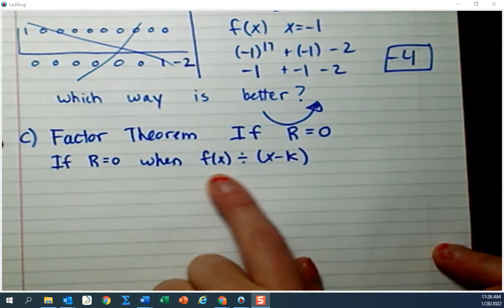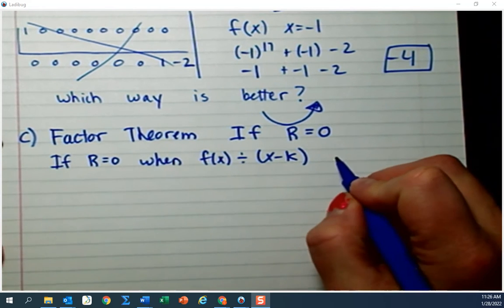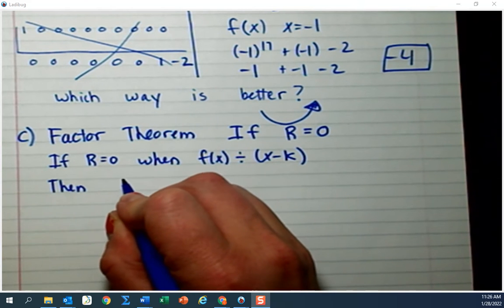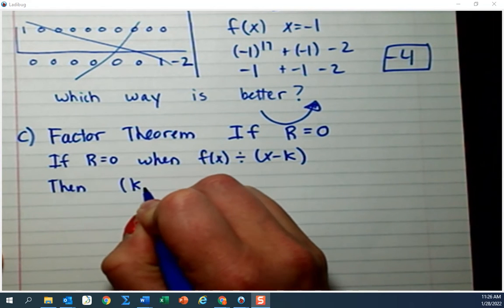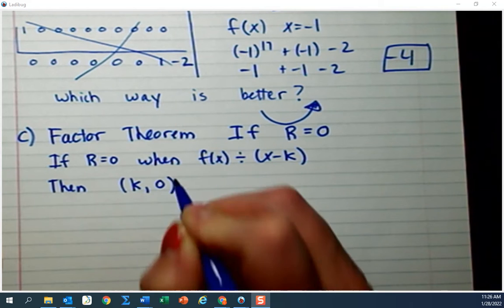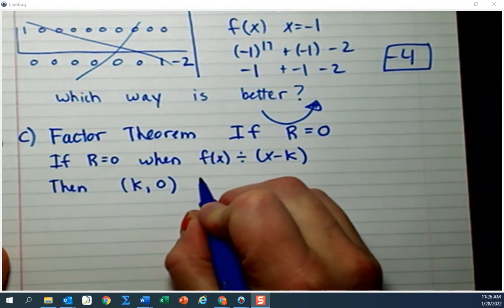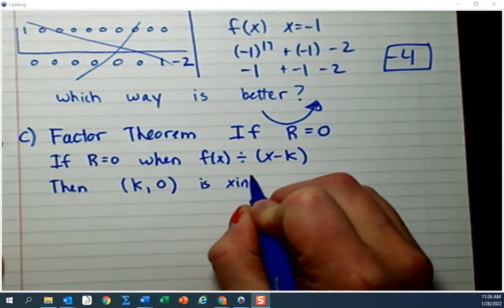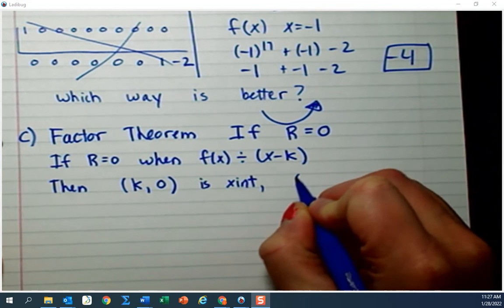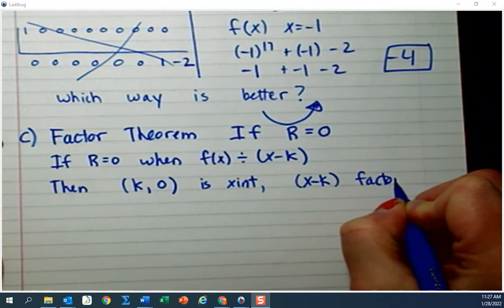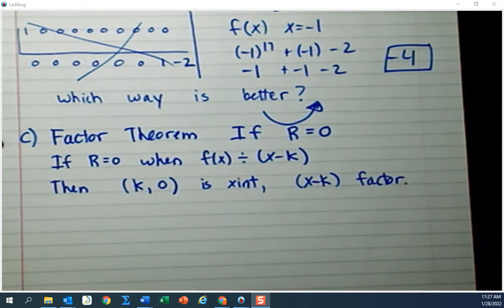If the remainder is 0 when we do this division, then k, comma, 0, right, x and y, is an x-intercept, and x minus k is a factor.